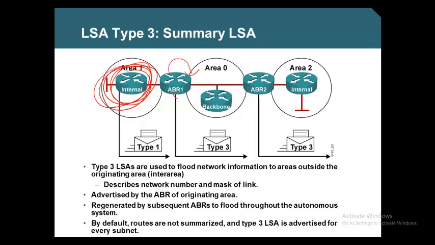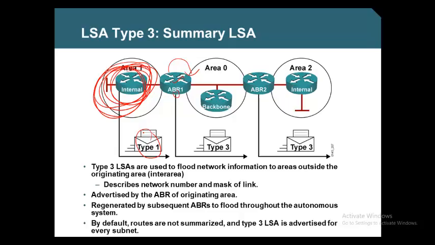Basically, the ABR knows all the networks of area 1 through type 1. So the border router collects all area 1 advertisements and converts them into type 3 before sending to the other area.